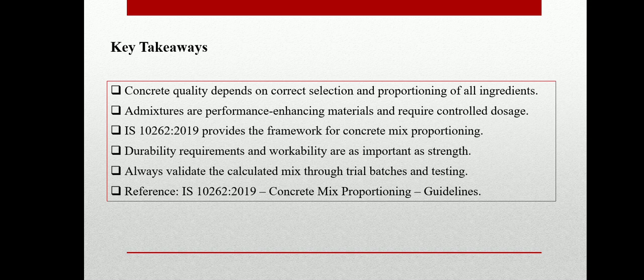Third, IS 10262-2019 gives us the structured framework for concrete mix proportioning in Indian practice. Fourth, durability requirements and workability are just as important as strength. Strength alone doesn't make a good concrete. And finally, always validate our calculated mix through trial batches and testing before adopting it for real construction.